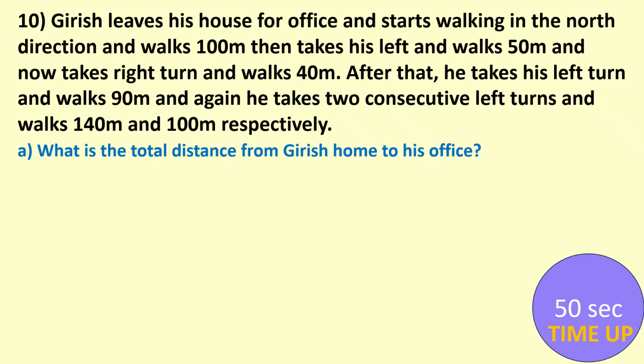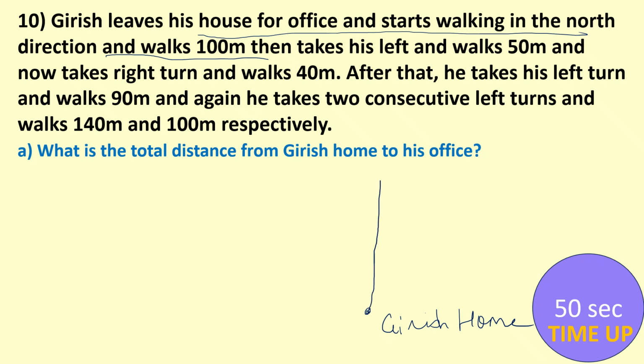So Girish leaves his house for office and starts walking in the north direction and walks 100 meter. So Girish is here somewhere. I'll take this as Girish and this as Girish's home. He starts walking in the north direction for 100 meter.